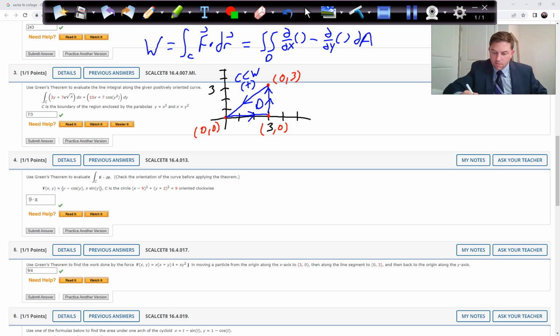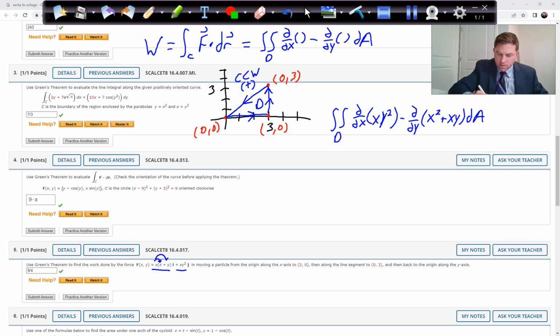So this is equal to the double integral across this region D. And it's going to be the partial derivative with respect to x of the y term, which is x y squared, minus the partial with respect to y of the x term, which is, let me distribute that x, so it's going to be x squared plus x y, dA.